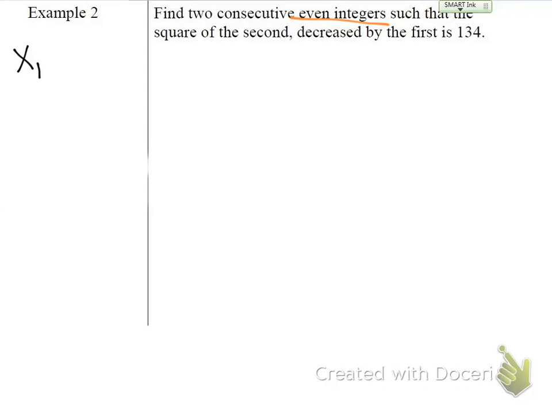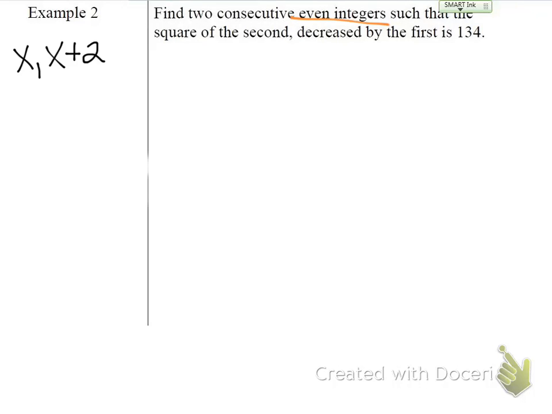Okay, so x is my first one. If we are looking for even consecutive, what would the next even number after x be? X plus 2. Okay, because you have to skip over the odd number to get to the next even number.